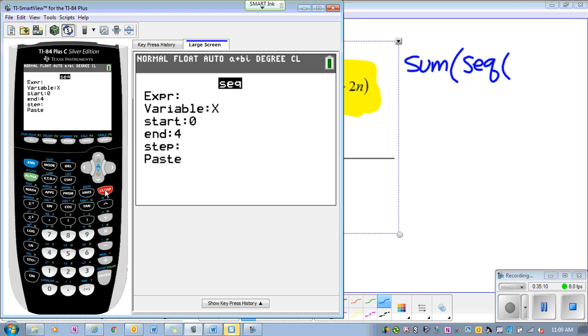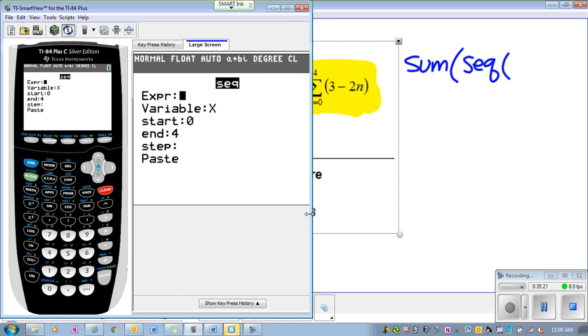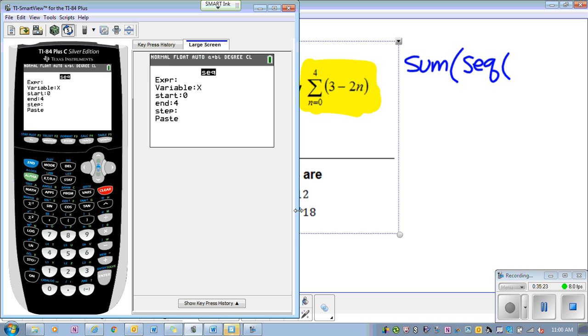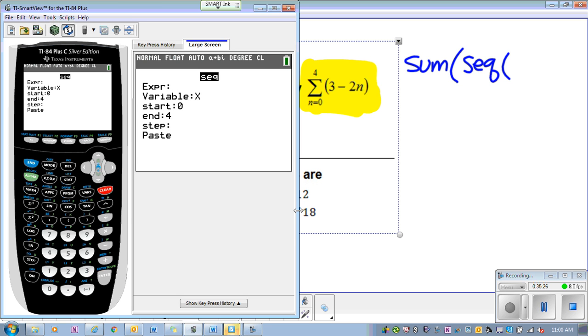Okay? My calculator looks like this because it's a TI-84 Plus. If yours doesn't, that's okay. It still follows the same order. After you put the sum and sequence in, now they want the formula. Okay? So put in the formula, 3 minus 2x. I'll write it here too. 3 minus 2x. Put a comma.